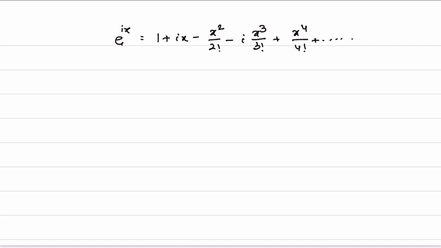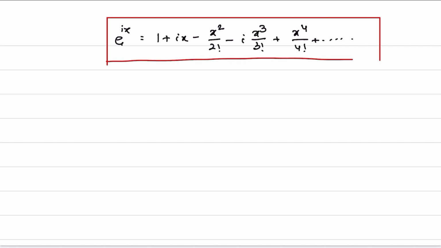This is e to the power of ix, which we derived in the last class from the Taylor series. We have used the knowledge from Taylor series.